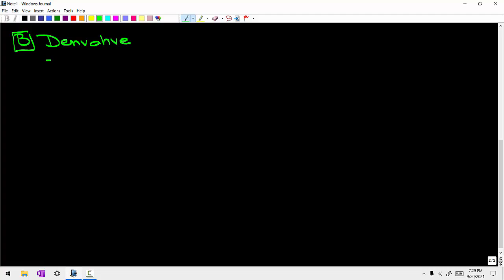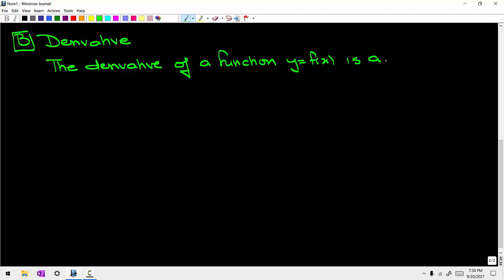So here's the definition. The derivative of a function y is equal to f of x is, and I'm going to capitalize this because it is important, a new function.